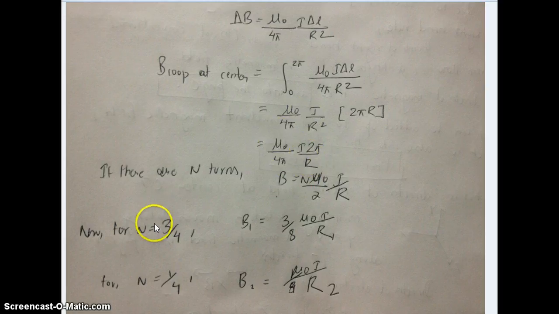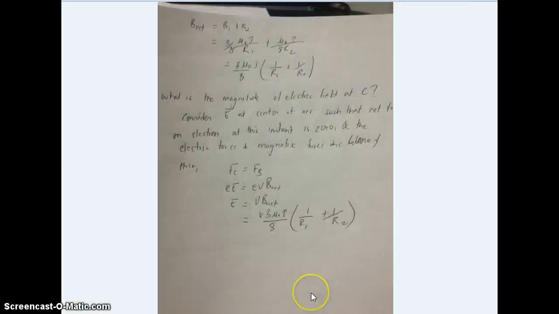For n equals 3 by 4, B1 comes out to be 3 by 8 mu naught I by R1, and for 1 by 4, B2 comes out to be mu naught I by 8 R2. What I did next was sum up B net equals B1 plus B2. We already have the values for B1 and B2, so I plugged them in and took the common factor, and it comes out to 3 mu naught I by 8 times the bracket 1 by R1 plus 1 by R2.